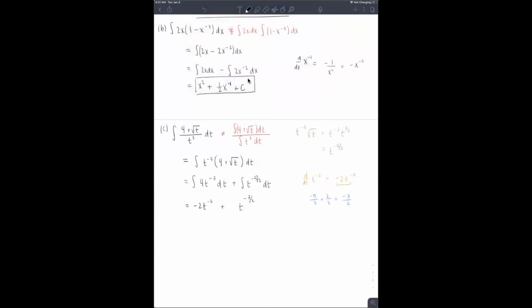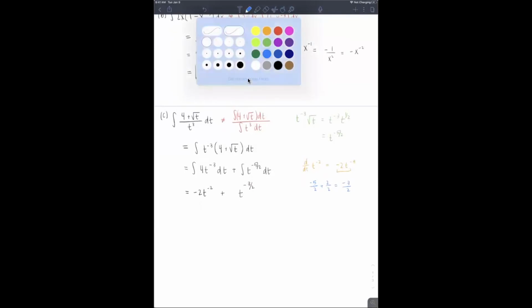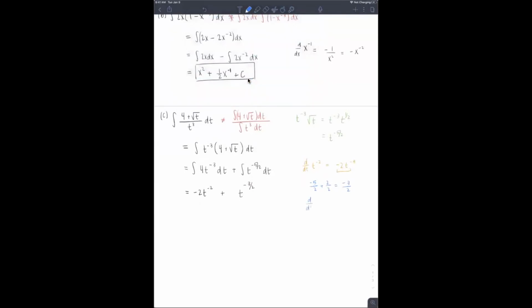Yeah. But then when I differentiate t to the negative 3 over 2, I don't get t to the negative 5 halves. So what do I need to multiply it by? Oops. Because when I differentiate t to the negative 3 over 2, you get negative 3 halves t to the negative 5 over 2.